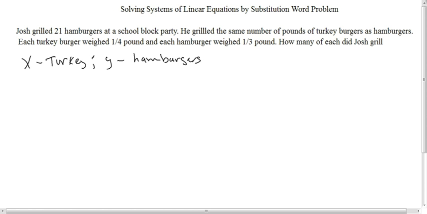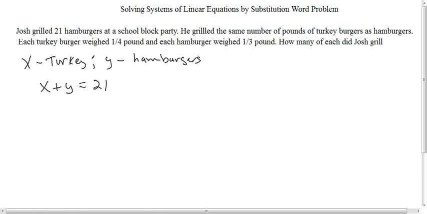So he said he grilled 21 total, so we can say X plus Y is equal to 21. That's our first equation. Now it goes on and said that he grilled the same number of pounds of turkey as he did hamburgers.